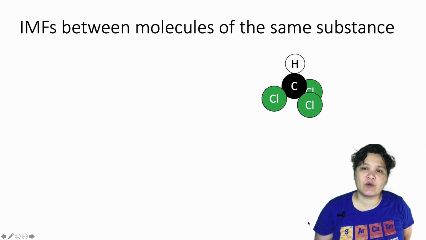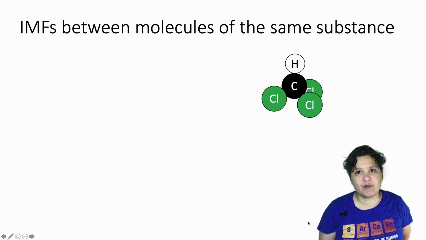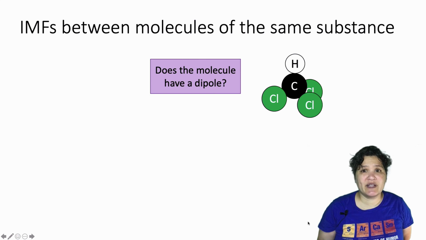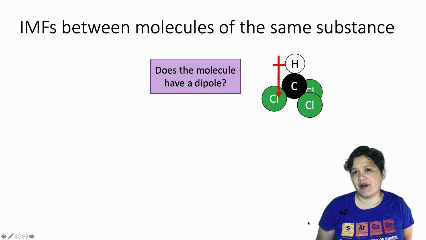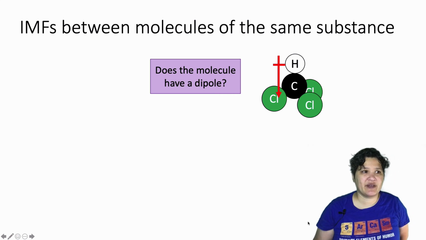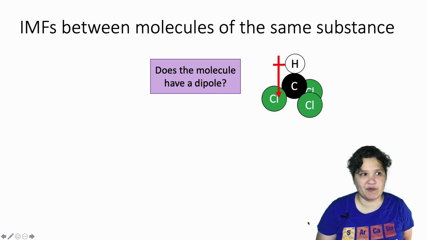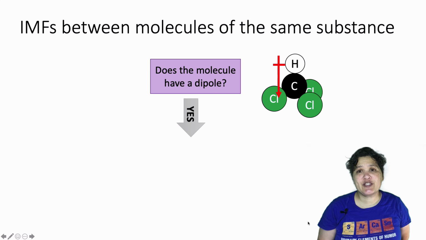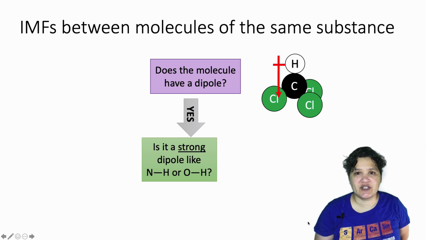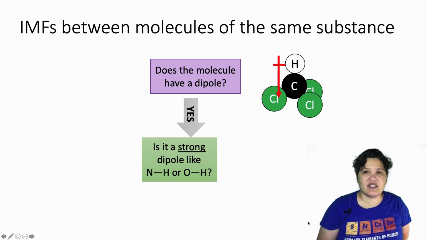What if we have trichloromethane, also called chloroform? We also looked at this one in the last video. Does the molecule have a dipole? It does. The positive end of the molecule is up by the hydrogen carbon area and the negative end down by the chlorines, remember. So we do have a dipole. Now, is that a strong dipole like nitrogen-hydrogen or oxygen-hydrogen? And the answer is no, it's not.